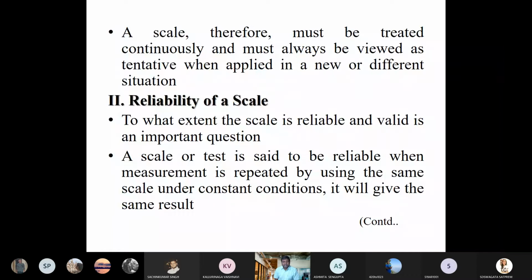A scale or test is said to be reliable when the measurement is repeated using the same scale under constant conditions and gives the same result. If you find the results are more or less the same, you can believe that the scale is reliable in nature.